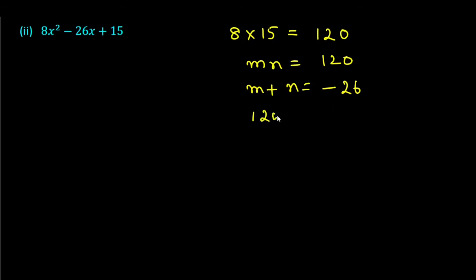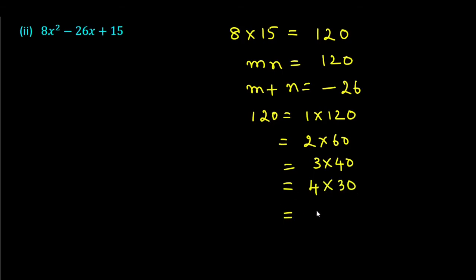So 120 can be written as 1 into 120, 2 into 60, 3 into 40, 4 into 30, 5 into 24, 6 into 20, then 8 into 15.